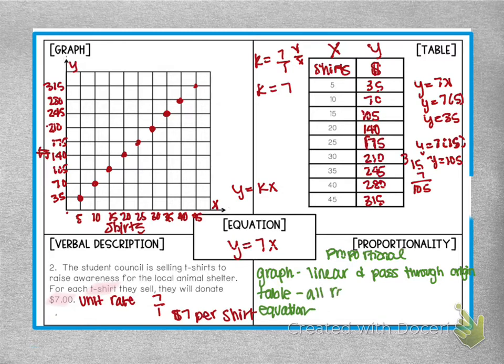All ratios equal 7 over 1. And then for the equation, we learned that it is in y equals kx form. Press pause if you haven't written all of that down to make sure that you get it. And then let's continue on to the second part.